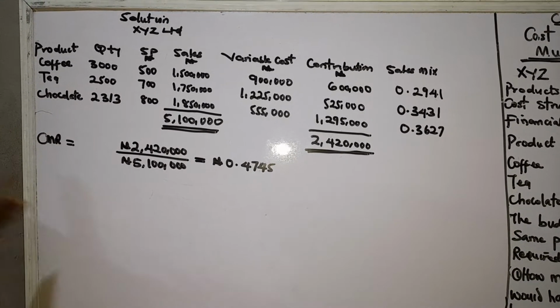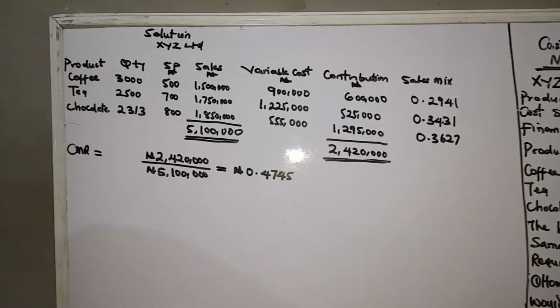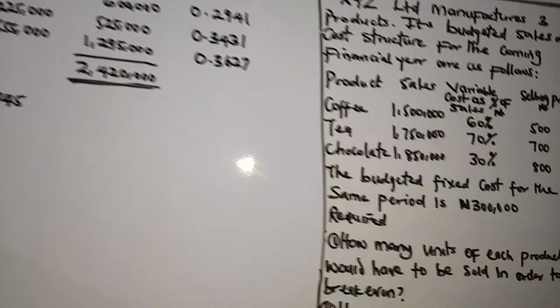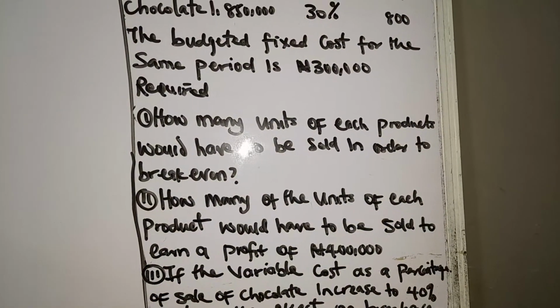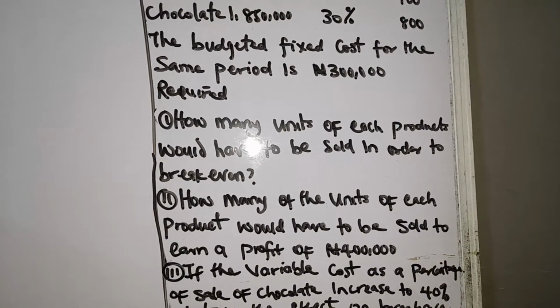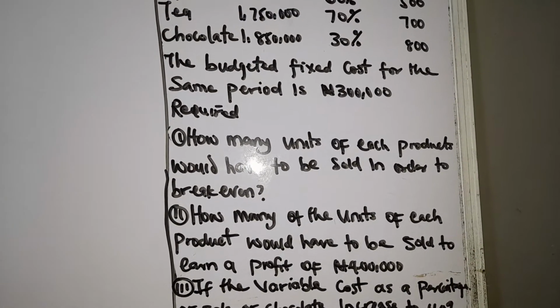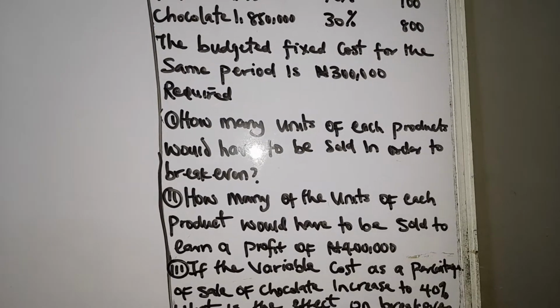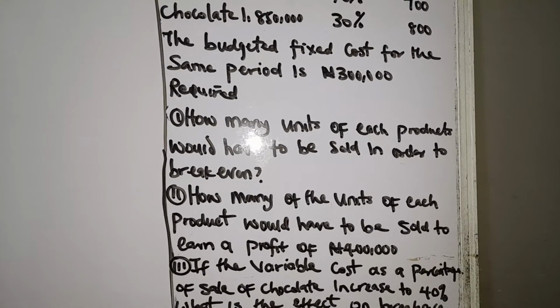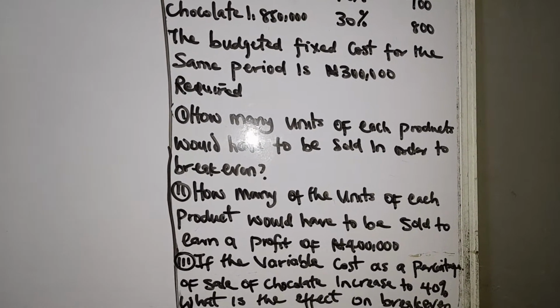Now with this, we can go straight to the requirement. What's the first requirement? Examiner is asking us how many units of each product will have to be sold in order to break even. So I'll just come to this side.